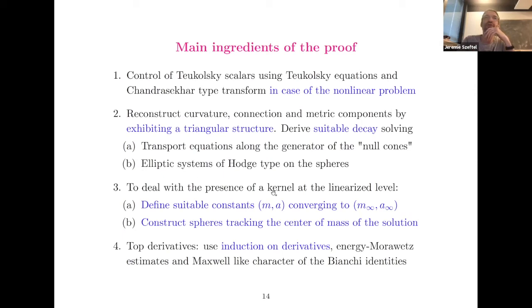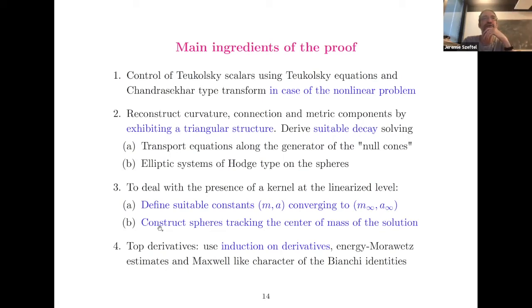So for the elliptic systems, the point is to suitably choose M and A, and I'll say something in the next slide. You want to have a suitable choice of the constants M and A, which will converge in the limit to M infinity and A infinity, and the suitable choice is such that you will again deal with the kernel of the elliptic system of Hodge type.